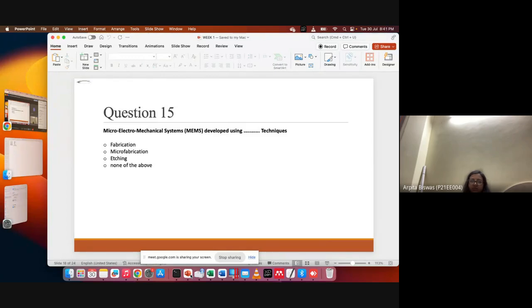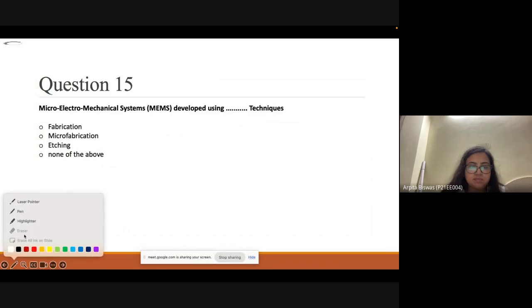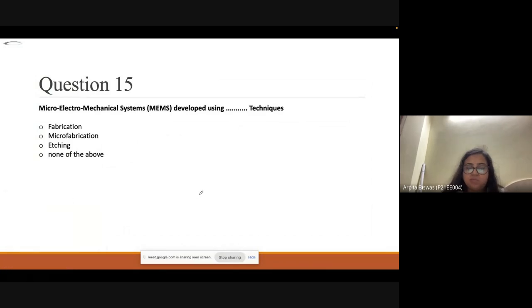What do we use? Have you heard about the lithography process? Have you seen the pressure sensor, piezoelectric or piezoresistive pressure sensor? Like this type of structure. Here you can see, I'm showing you. Like piezoresistive, or like this type of structure is there.